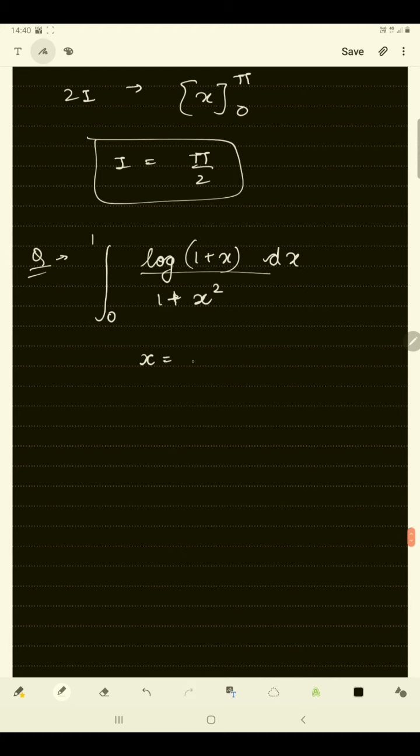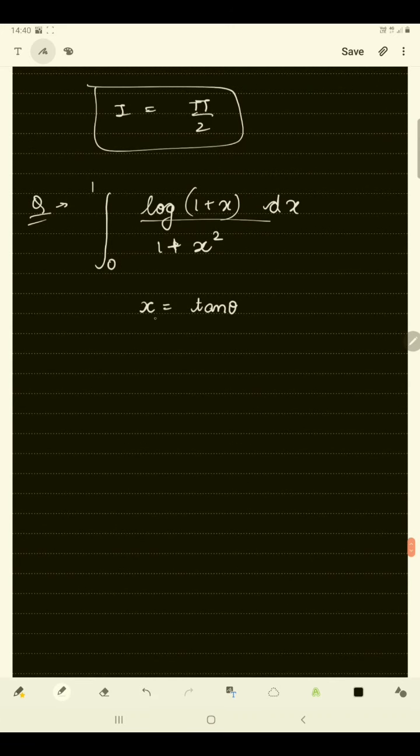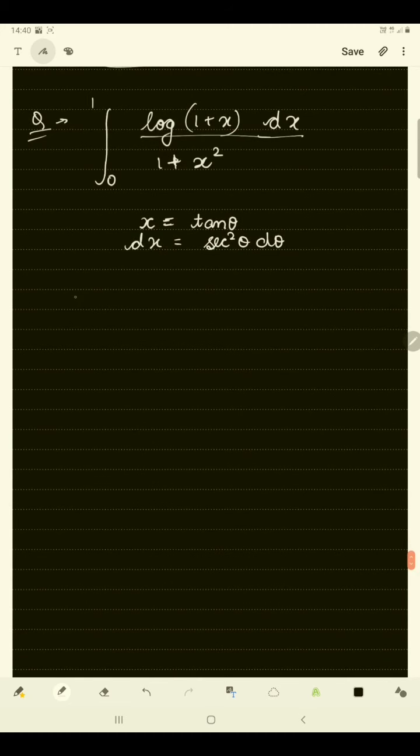So we are just going to put x equals tan theta, because this would be very significant to apply in the substitution. So let me just find the dx, because we need to substitute the dx as well, which is secant square theta d theta. Now applying, we have 0 to 1. 0 to 1 were the limits for x, but we are going to have some different limits for theta.